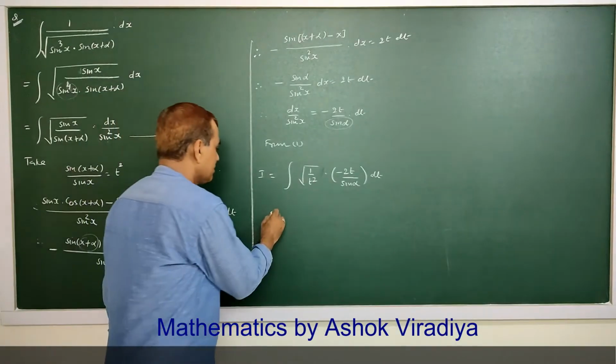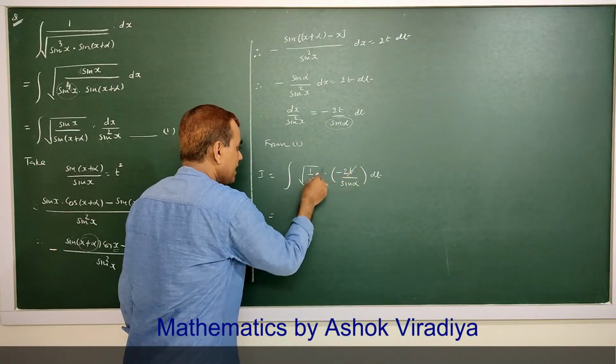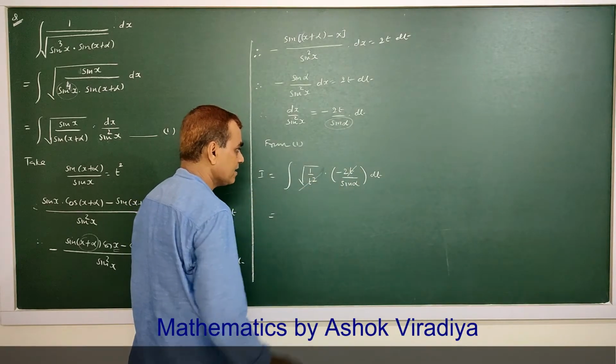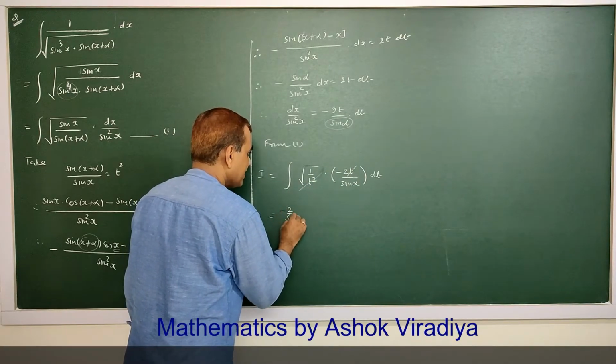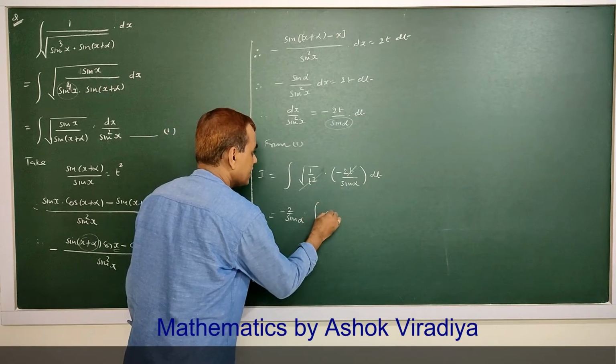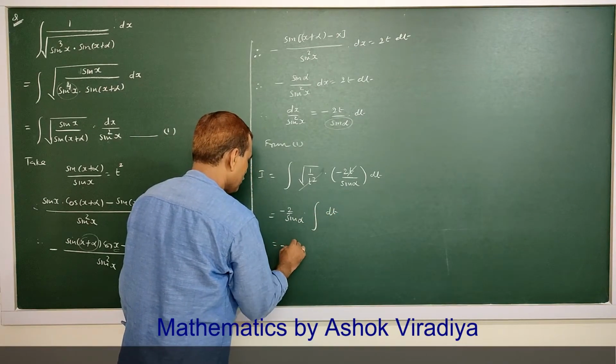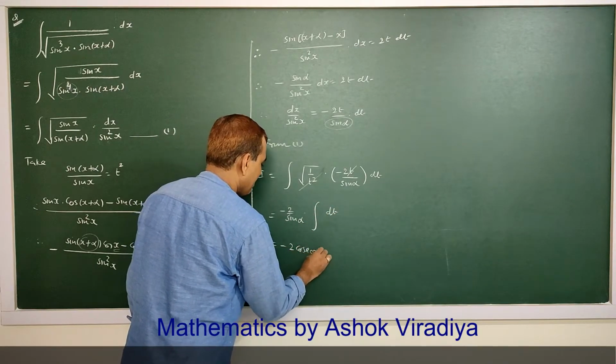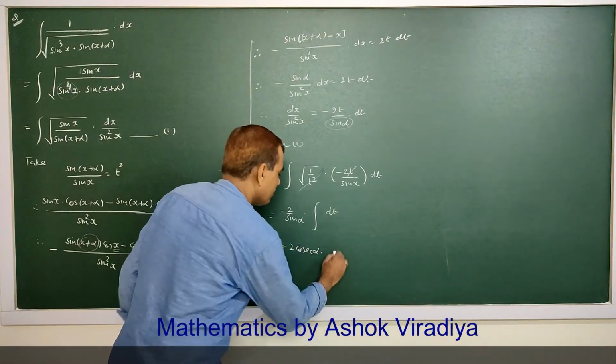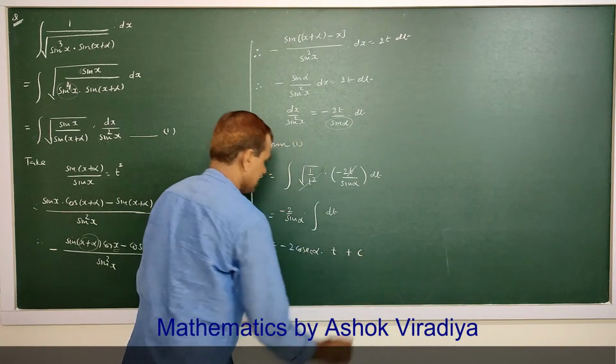So now see here, this t and this t will be cancelled. Minus 2 by sin alpha is constant, so it is 1 dt. So minus 2 cosec alpha into the integral of 1 is t plus c.